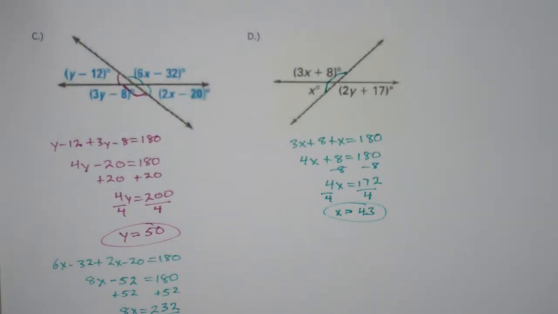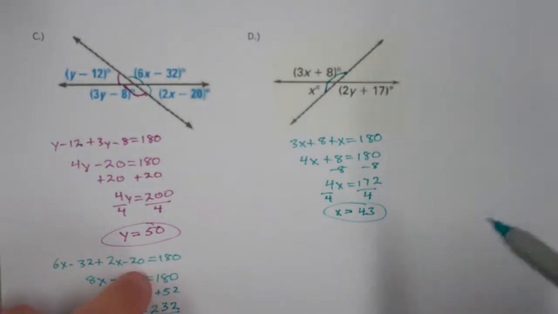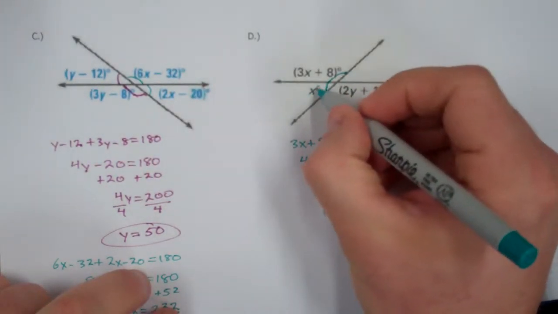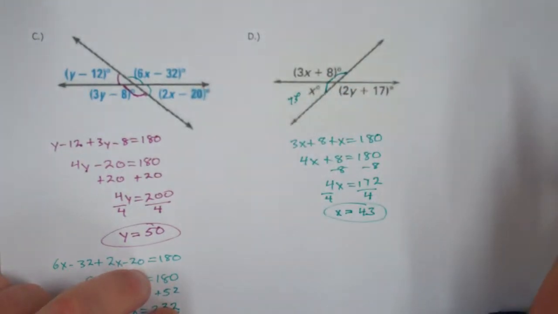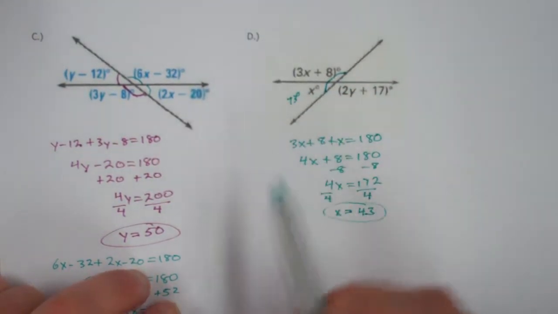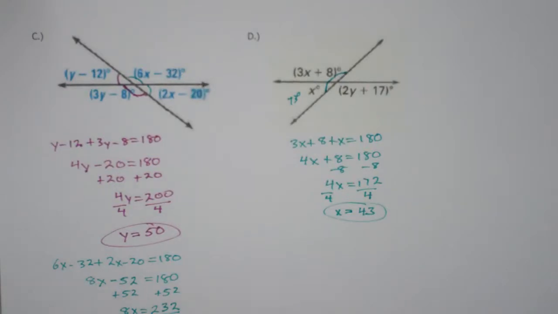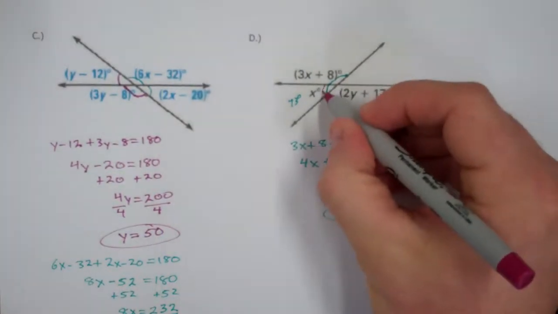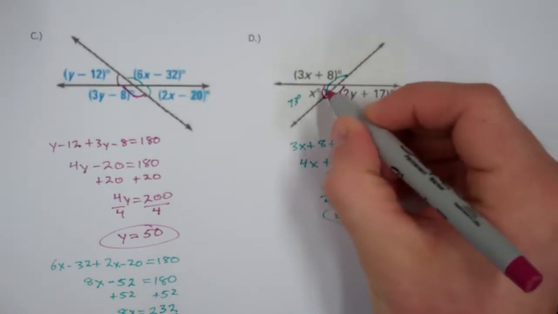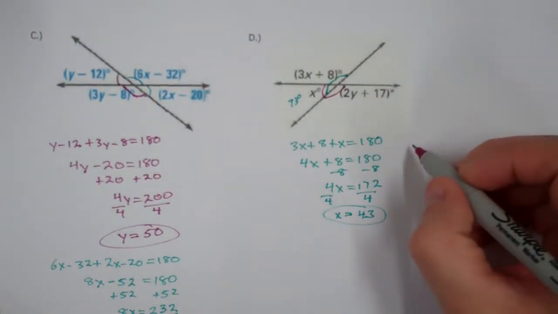Now, we have to fill in some information here on the diagram. So this angle is just x, so we know that angle is going to be 43 degrees. We know that this angle here and this angle here, those both add up to 180.